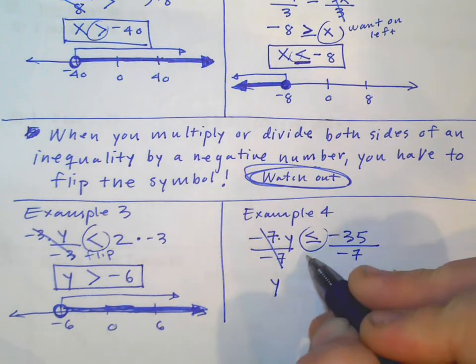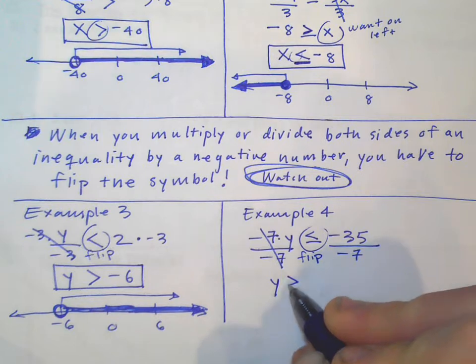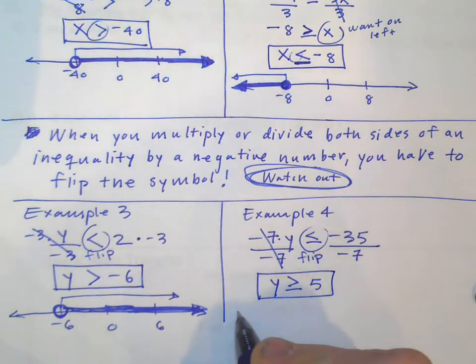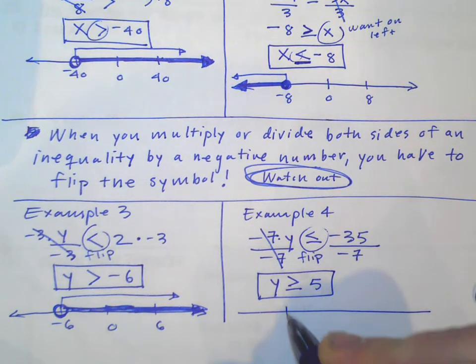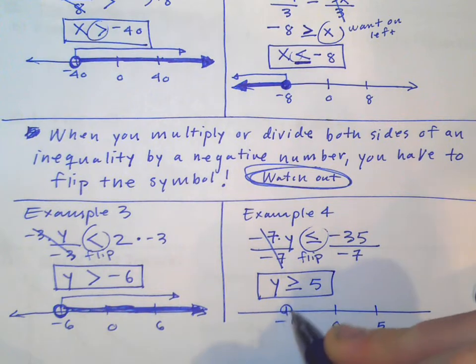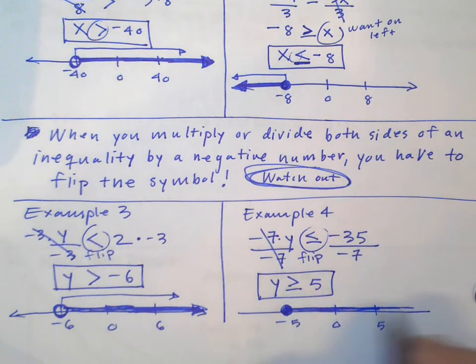But we just divided both sides by a negative, so we have to flip the symbol. So y is greater than or equal to positive 5. So negative 5, 0, 5, solid dot, arrow to the right. Or you could do it like that. Either one or the other.